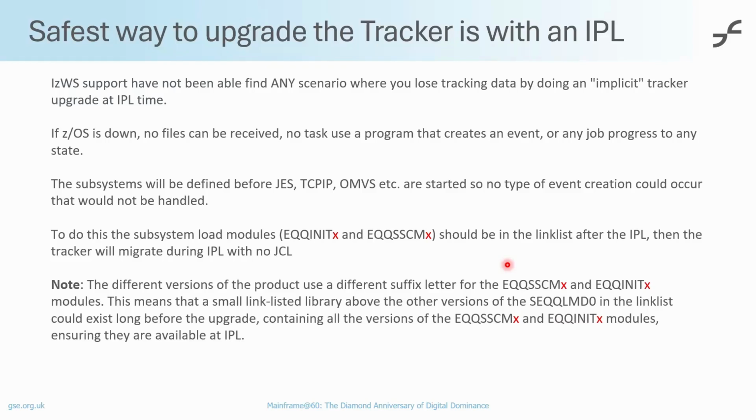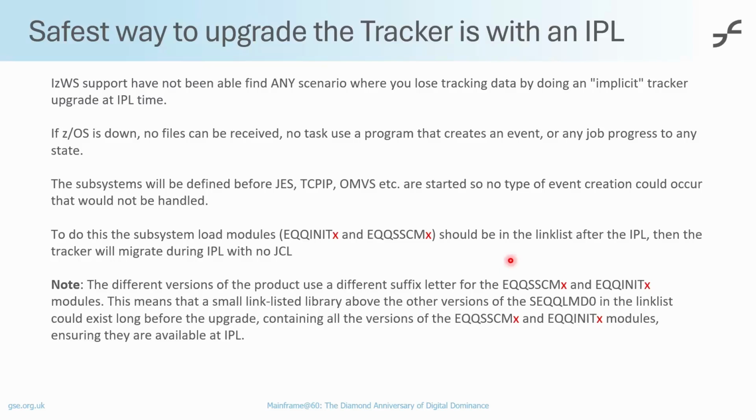Usually we suggest to create a small library that only contains those two modules. And this library can contain these modules for any IzWS version. Since the letter is different for any version, you can have all the module versions in the same library.